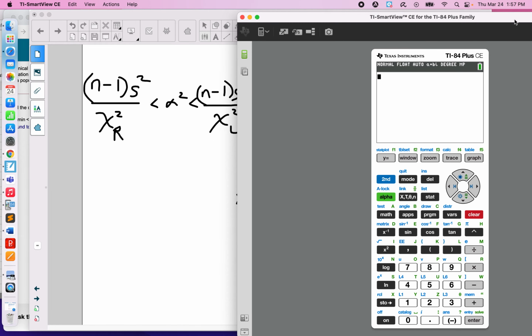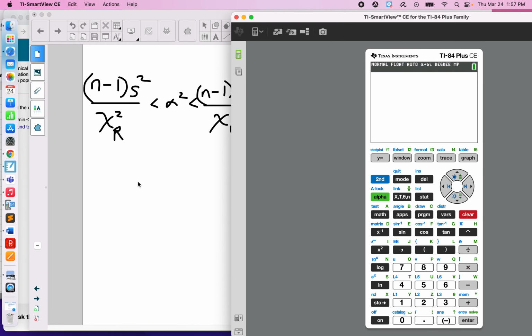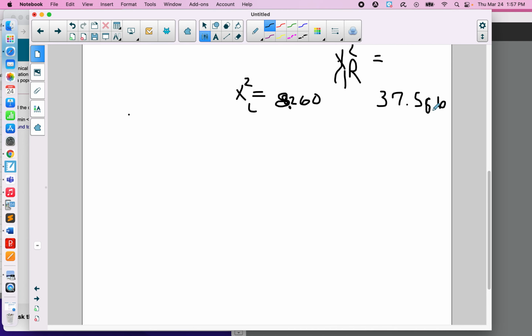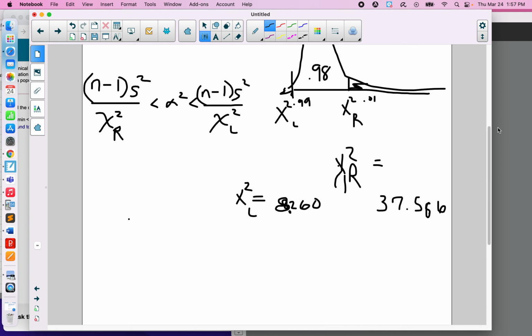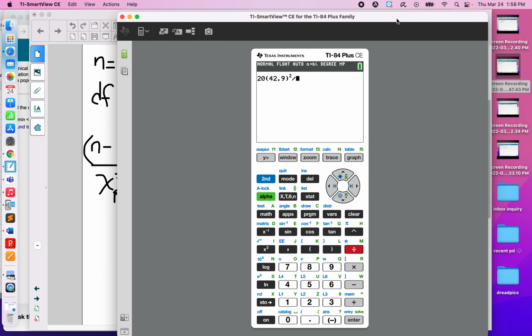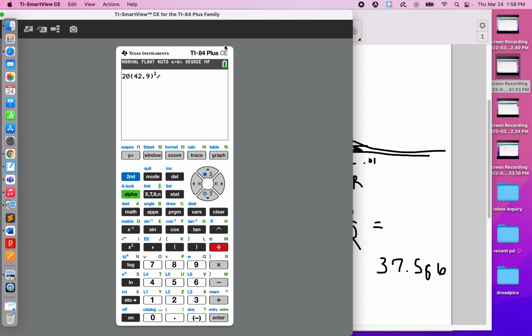All right, your calculator is a little bit fancier than mine, so I'm pretty sure that you can do this quite well. Since we have 21 data points, we're going to type in 20 times that 42.9 squared, because that's what they said the standard deviation was, a big standard deviation, squared, divided by our chi-squared value for the right, which is 37.5.